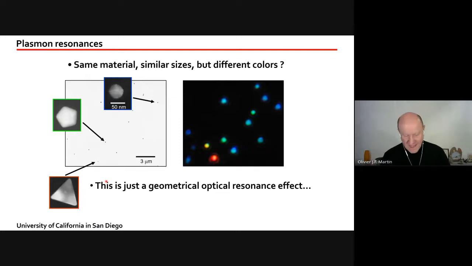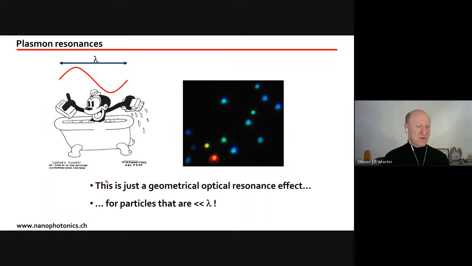And I know that all of you are very versed in optics, so you're going to tell me, well, this is just a geometrical optical resonance effect. This is true, but what is very fascinating is that this resonance occurs for particles that are much, much smaller than the wavelength. If you want to make a strong resonance, you normally need an object that has a size comparable to the wavelength.